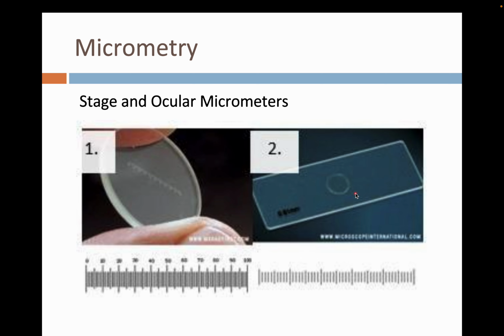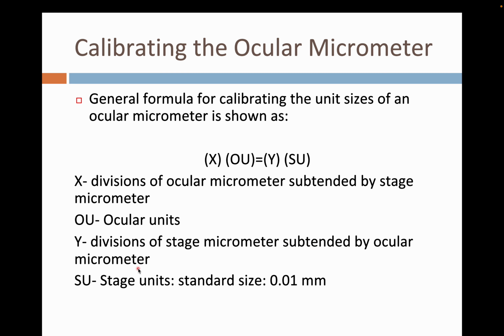Now, you can actually measure the size of your specimen directly using your micrometer with dedicated measurements. But for our case, we will be learning how to calibrate our ocular micrometer. We have a general formula for calibrating the unit sizes of our ocular micrometer, represented here in the one I am highlighting.